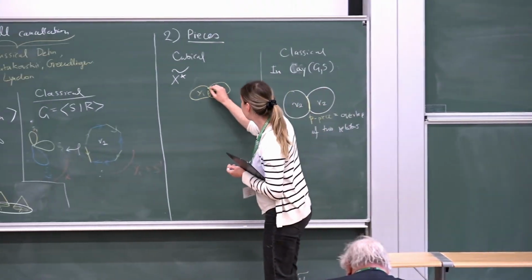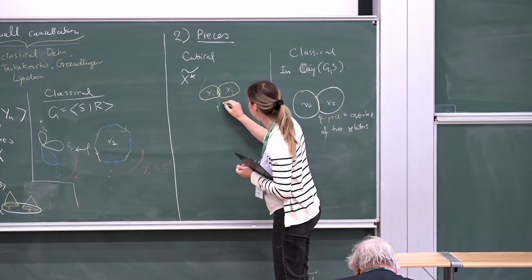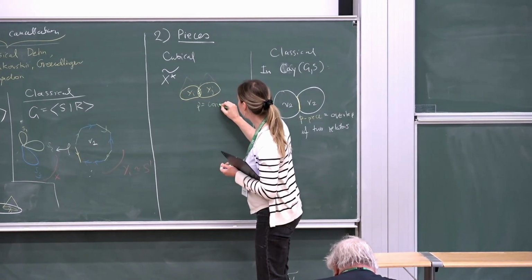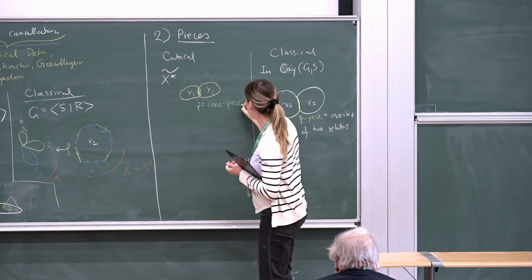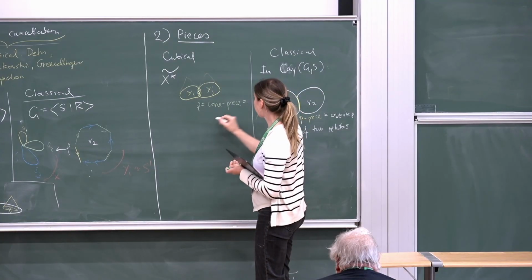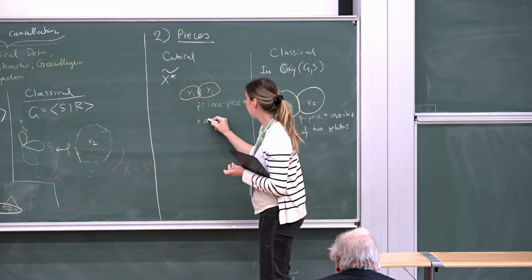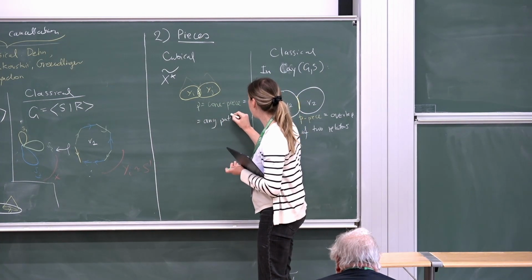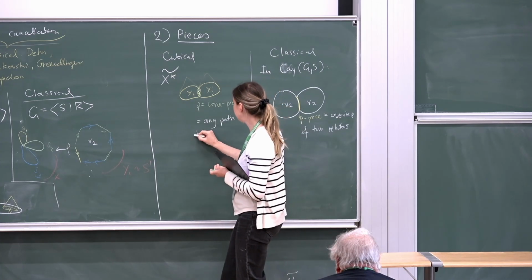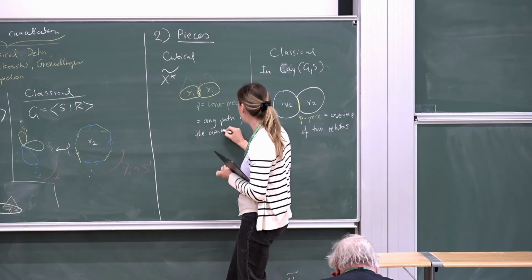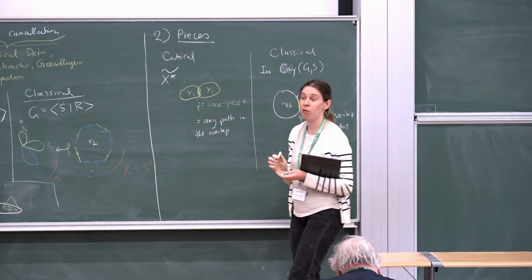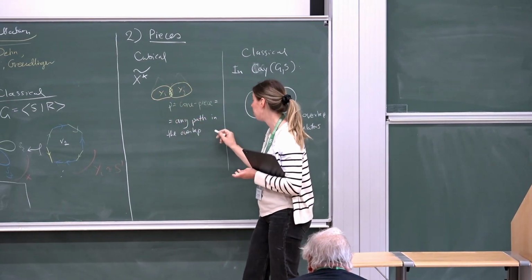So P, this one I'm going to call a cone piece. This is any path in the overlap of those two relators in this universal cover.